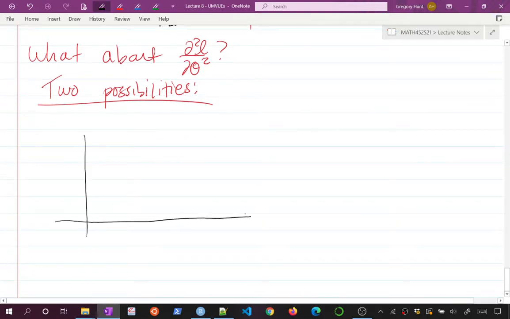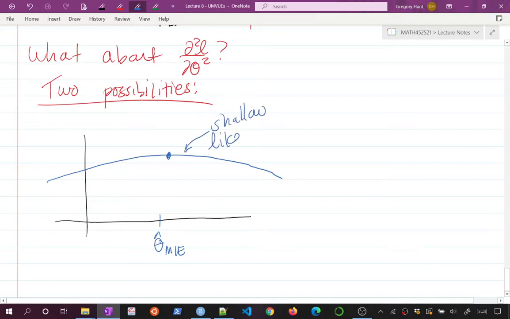In my first possibility, here is my MLE, and my likelihood looks kind of like this. And so we're going to call this a shallow likelihood.